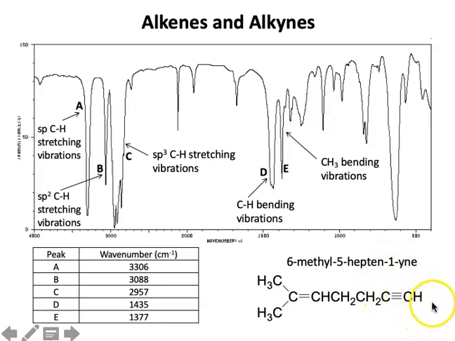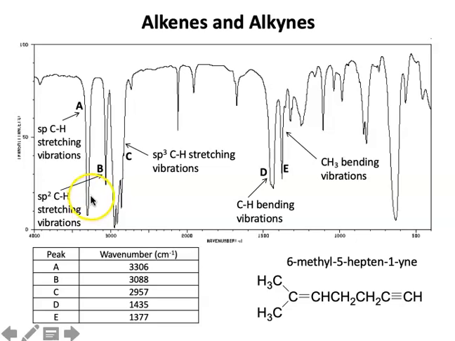The fact that we don't have a quiet area out there usually means that there's some sort of triple bond. Another important thing is this really sharp and really intense peak. That's actually due to a CH stretch for what's called a terminal alkyne, and that'll be diagnostic eventually.